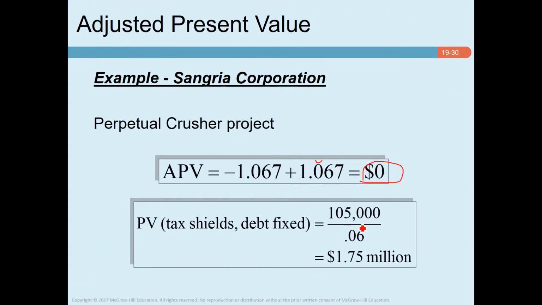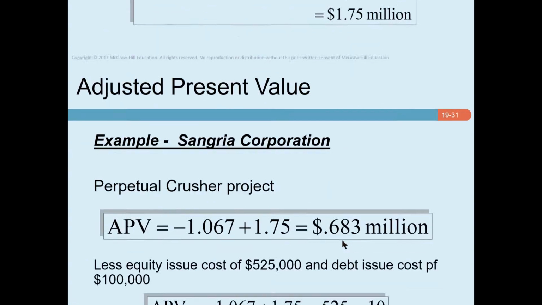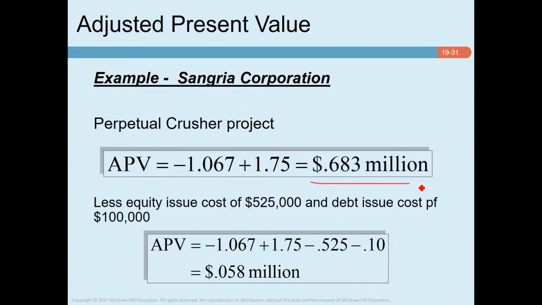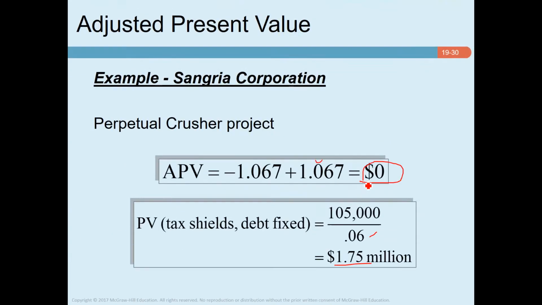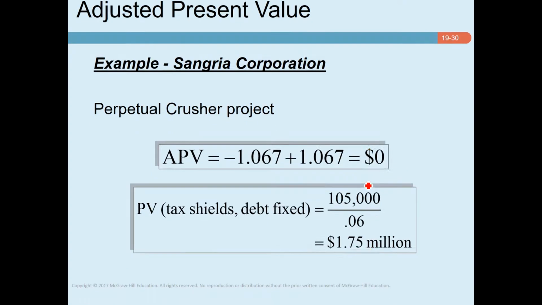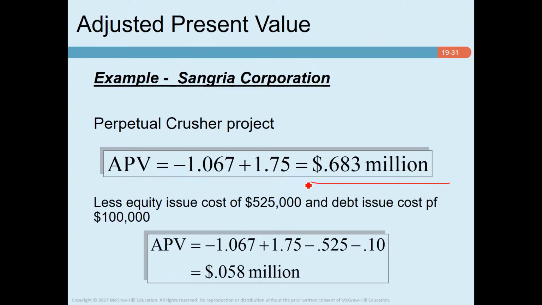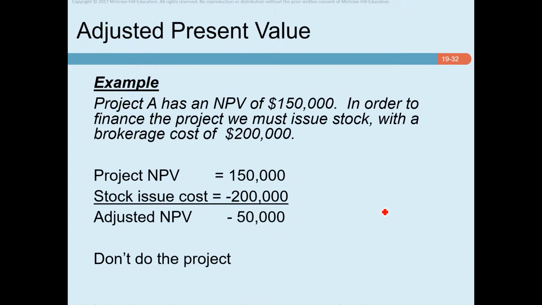For example, in this case, as we discount this cash flow by a lower rate of 6%, the present value of tax shield is 1.75, and you can see that now our adjusted present value is positive. Okay, so previously our adjusted present value was 0 because the tax shield was discounted at a higher rate, but as we change the discount rate, we have a positive adjusted present value.